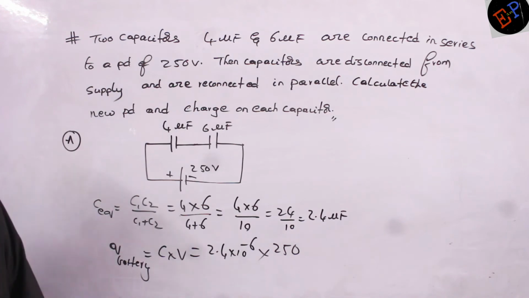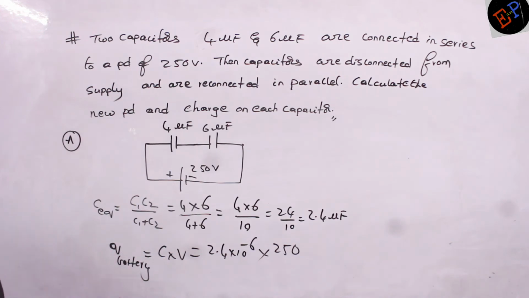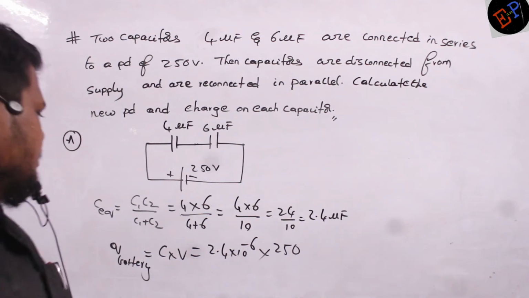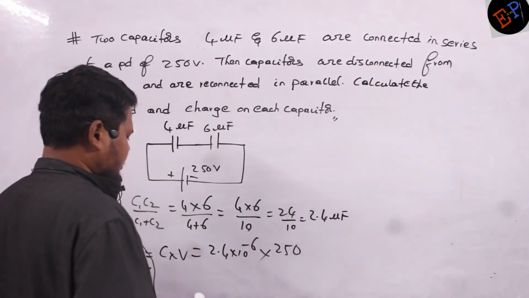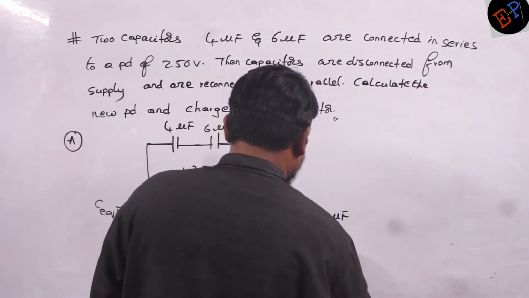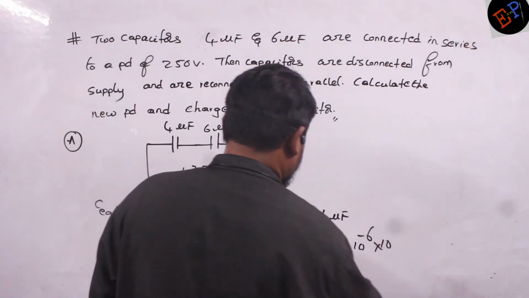So charge supplied by the battery is 6 into 10 power minus 4. So 25 into 2.4, it is 60, no? 60 into 10 power minus 6 multiplied by 10.